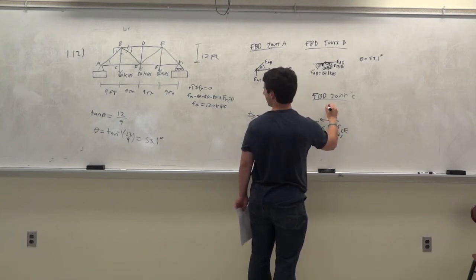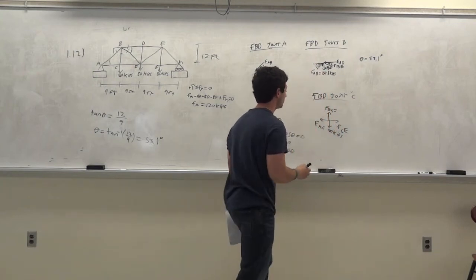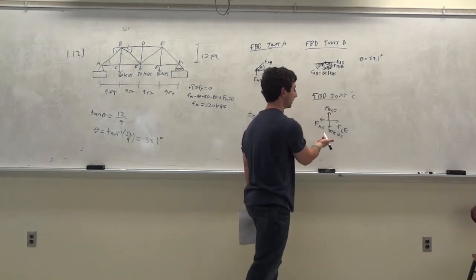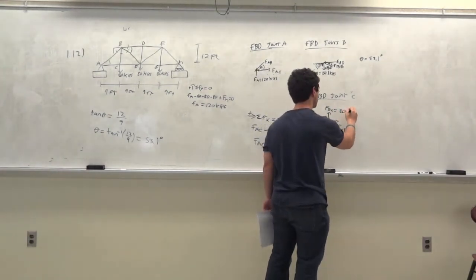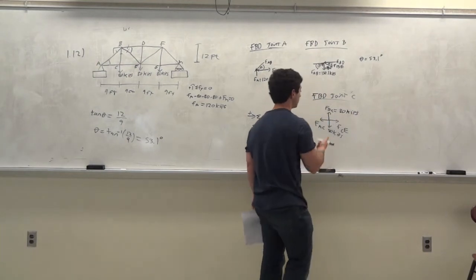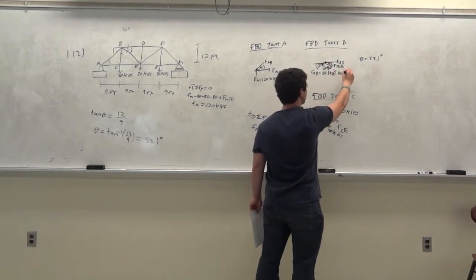So this is FBC. Yeah, I called it FBC right here. Okay. So if you sum the forces in the y direction, you get FBC is what? 80. Yeah, so this is 80 kips. Right? So we know this. So this is actually equal to 80 kips.